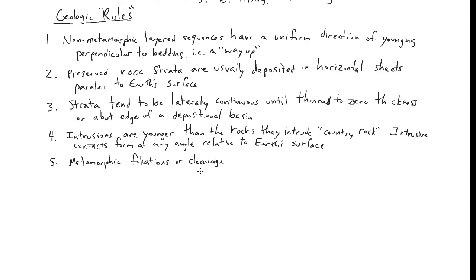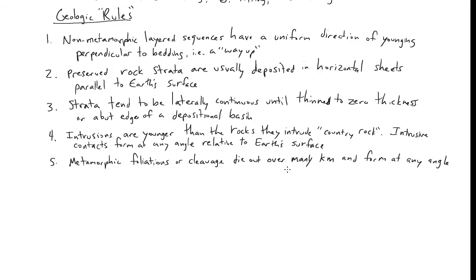So metamorphic foliations or cleavage die out over many kilometers, and more importantly, they form at any angle.